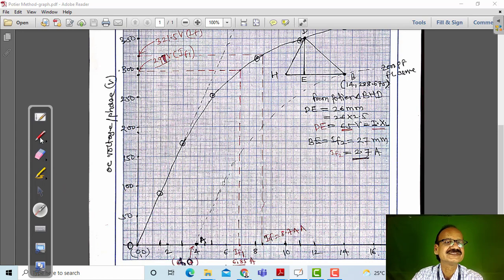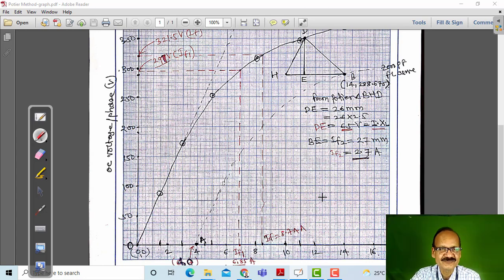You can observe quite easily, here it is 6, then here it is 7, here it is 8, and therefore it is very close to 7. So it is close to 6.9. Okay, so the IF1 is 6.85 and IF2 is 2.7 ampere. So we have obtained IF1 and IF2.